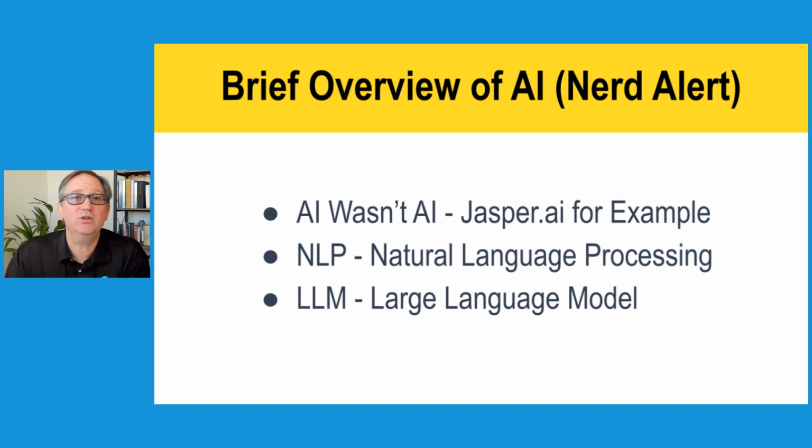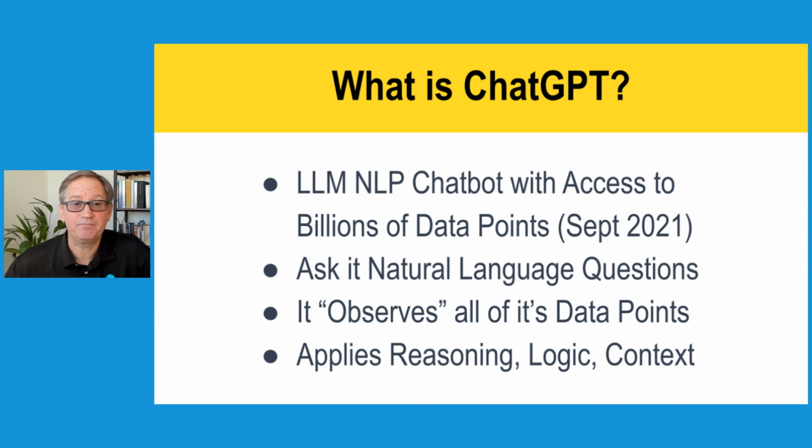What kind of output do you want from it? So you're feeding it all of this information. A large language model just means that we have billions and billions of data points available for the algorithm to reference, to identify what you're asking it, and then give you an answer in a way that you can easily understand.